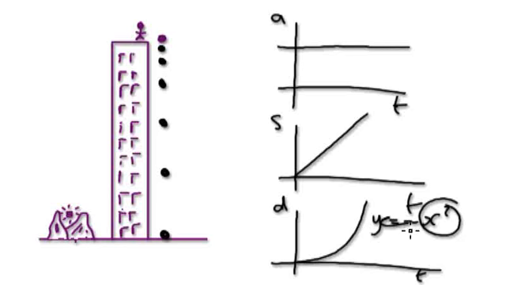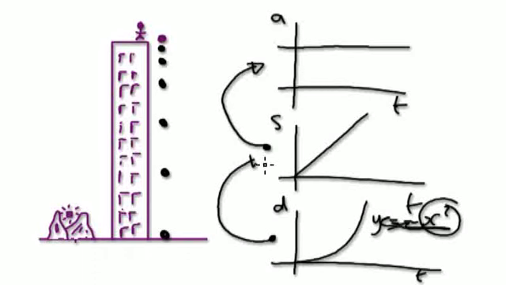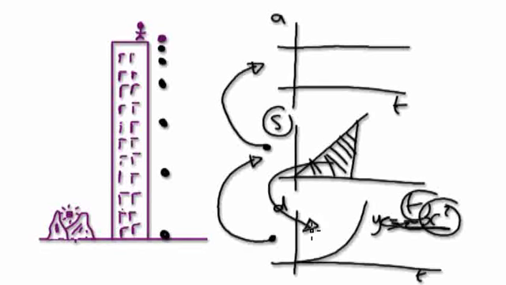Remember, the gradient of the speed time graph represents the acceleration, the gradient of the distance time graph represents the speed, and the area underneath the speed time graph represents the distance traveled.